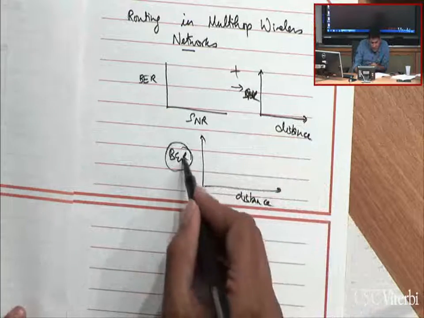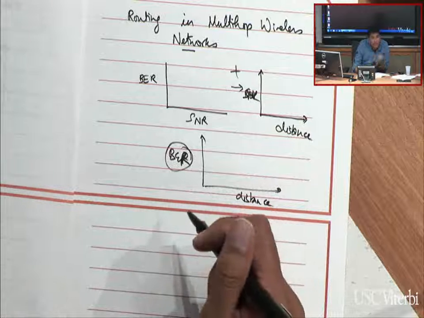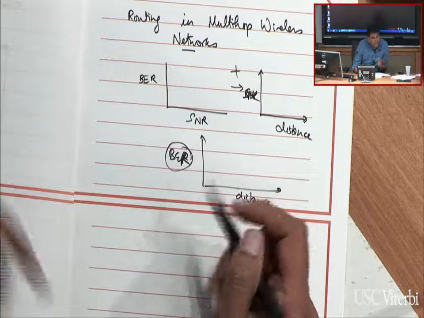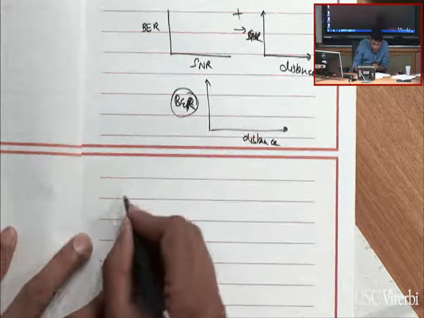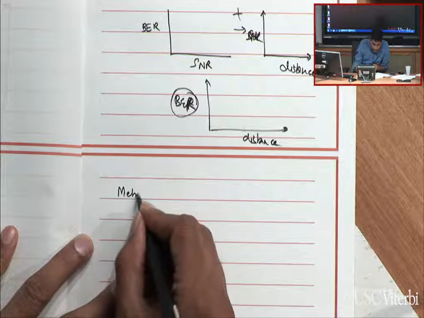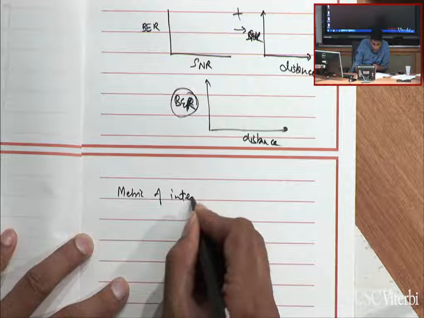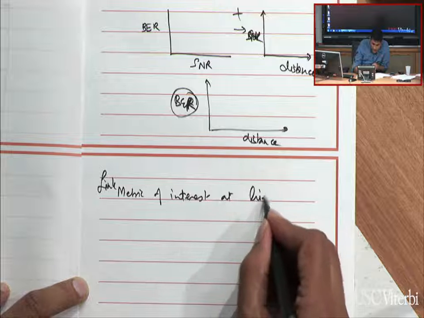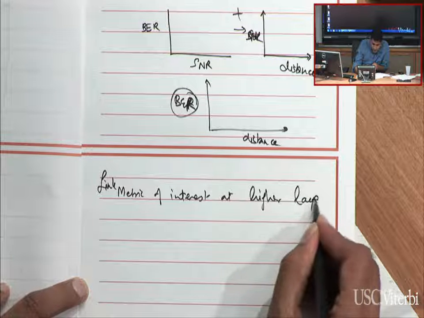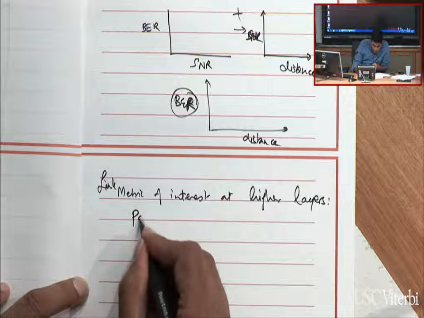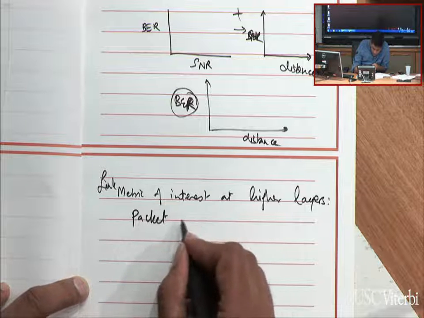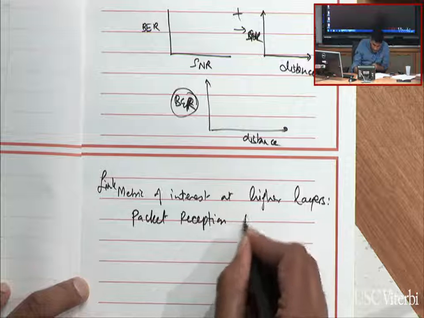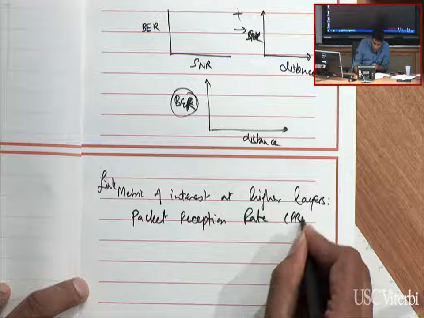And in some sense, at the higher layers, this is the type of metric that would interest us, except typically at layer 3, you don't care about bits in error, you care about packets in error, or packets being received. And so typically the link metric of interest at higher layers is sometimes called the packet reception rate, or PRR.